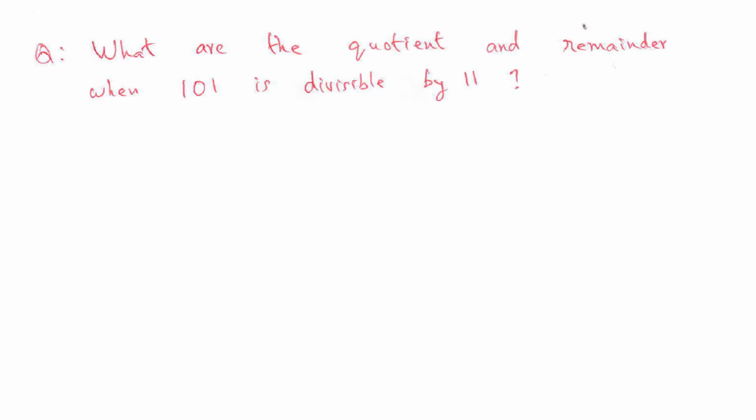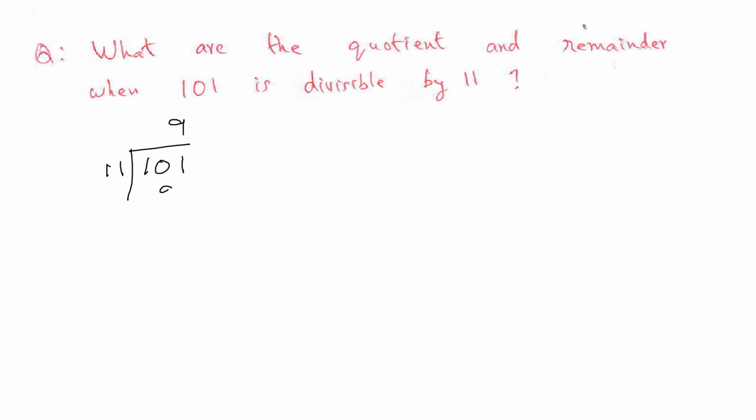Look at the question here. What are the quotient and remainder when 101 is divided by 11? So what you have to first do is 101 divided by 11, and you know the nearest possible is 9.